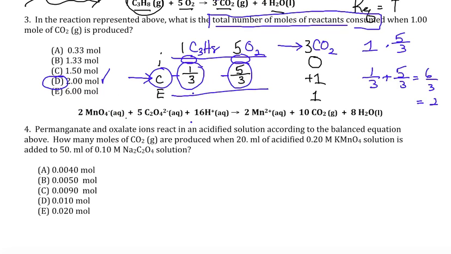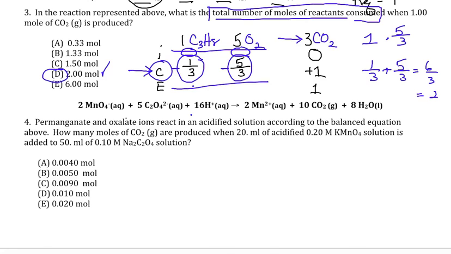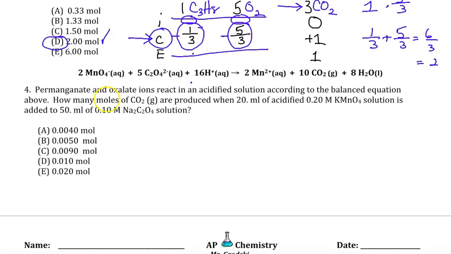Okay, 4. They don't bring up any equilibrium here, so I can assume that I am in a scenario where I am pushing this forward to completion. This is a redox reaction, and most redox reactions are either working or not. So here we go.